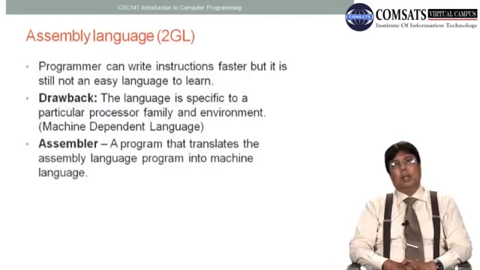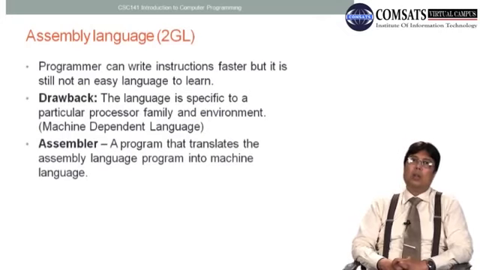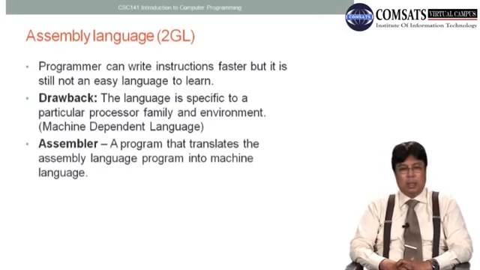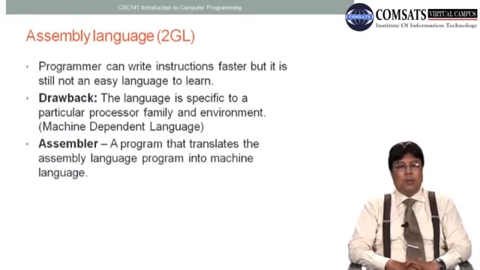It was an improvement for the user because it was convenient for the user to write the instruction faster instead of writing a code 110, 10, 11. So now the programmer can quickly write down add AX, BX. But the drawback, the language is specific to a particular processor.